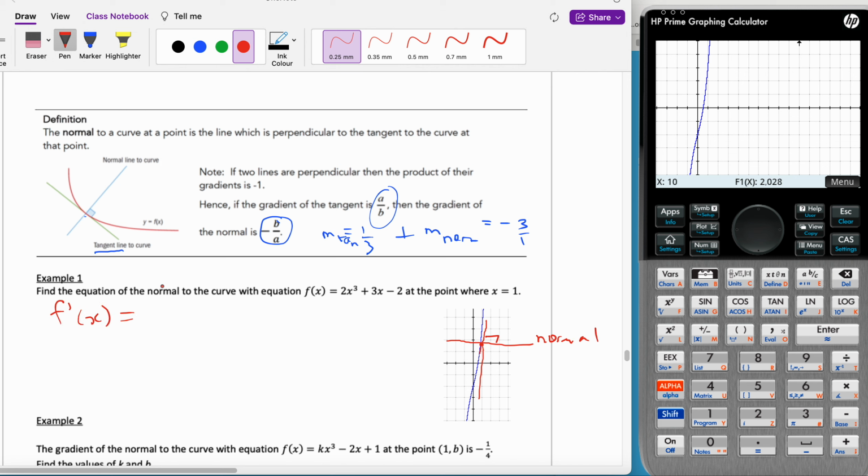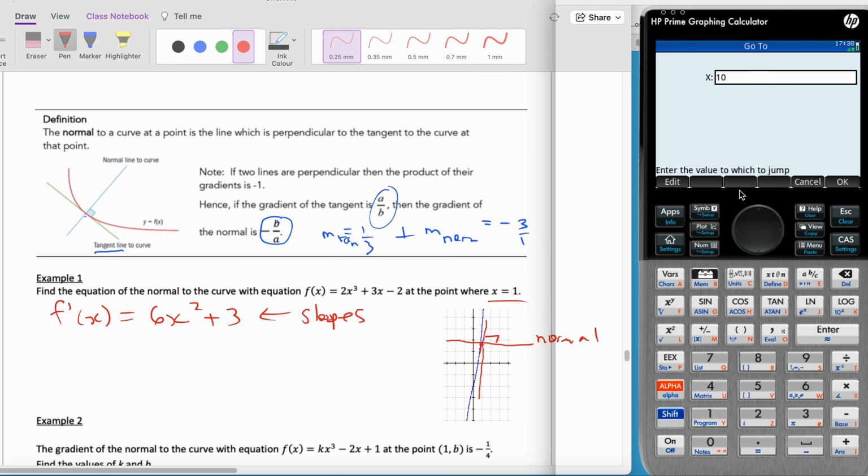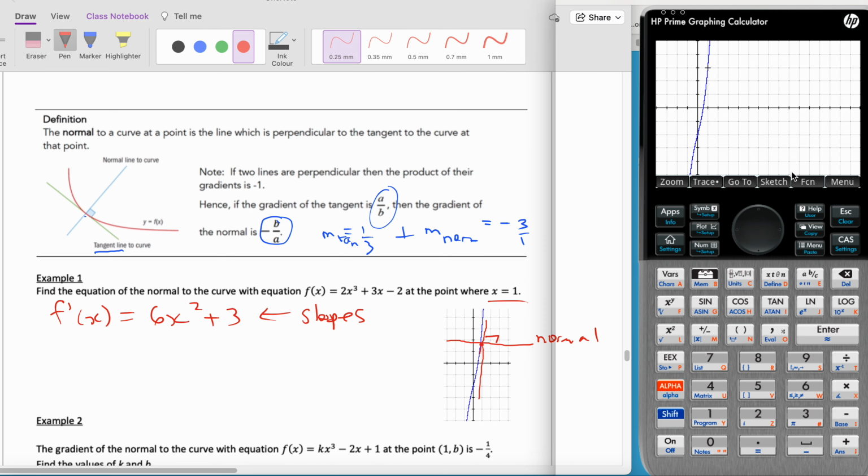Okay, well, remember what the derivative is. It all starts with a derivative. The derivative is an expression for all the slopes of the tangent, right? Actually, I didn't even have to take the derivative because it's at a specific point. I could just go to 1, and then go to function, go to slope, and be done with it.